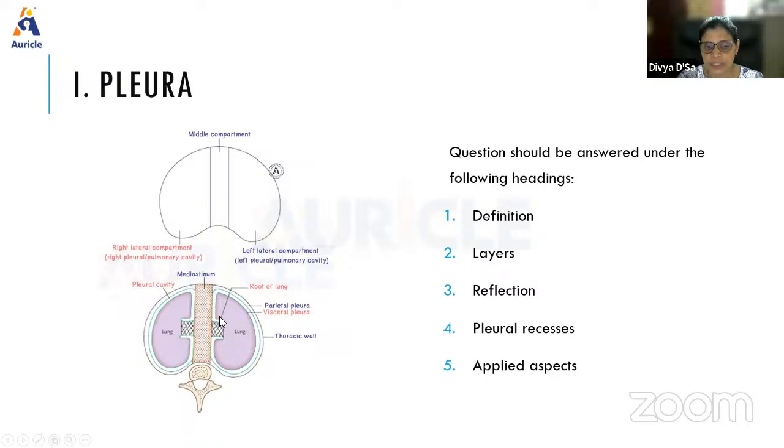Other than that, it is investing the lung on all surfaces. Whereas the parietal pleura, as the name says, visceral means viscera, so it covers the viscera. The parietal layer is what lines the thoracic cavity; parietal means outside.